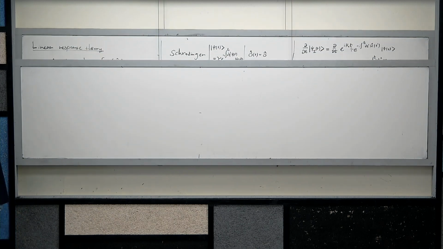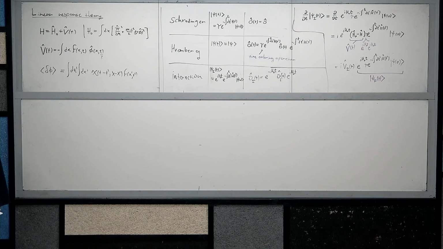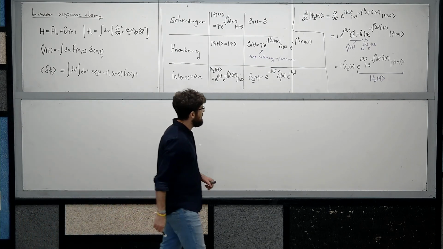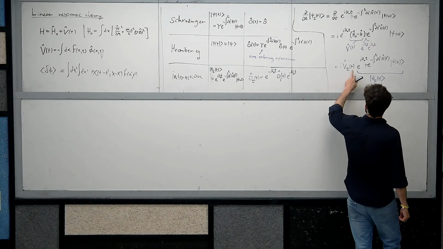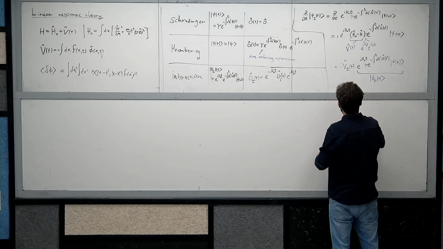Interaction is just V, right? V interaction is just V? No. What do you mean by that? It's V_I. V_I is when you evolve V with... Okay, so let me write. Let me add this.